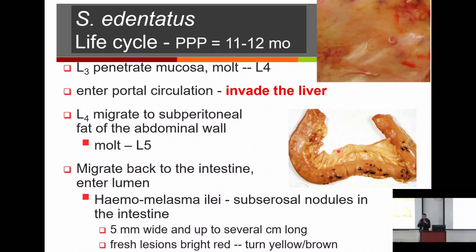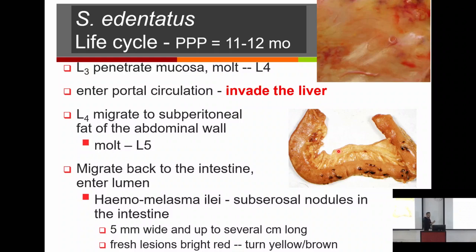So you can see the difference here. Both have migratory behavior. However, Strongylus vulgaris migrates into the cranial mesenteric arteries, while in this case it migrates into the portal vein toward the liver.